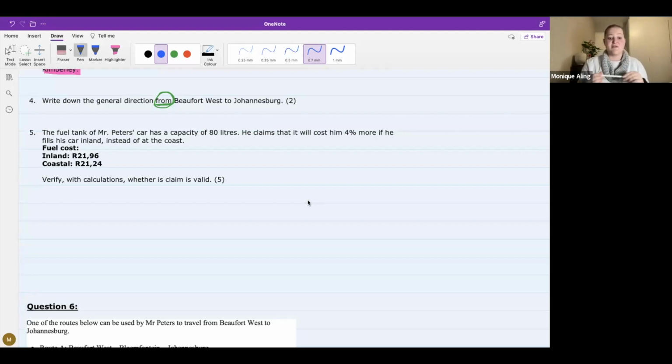Then you've got a summary of the fuel cost. So inland, it costs 21 Rand 96 cents per liter, and coastal is 21 Rand and 24 cents per liter. Verify with calculations whether his claim is valid.